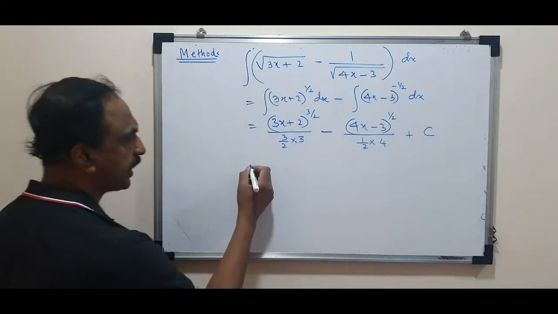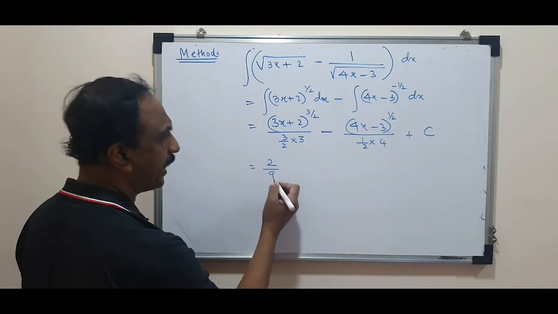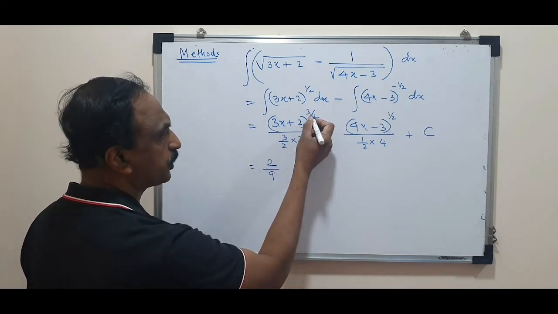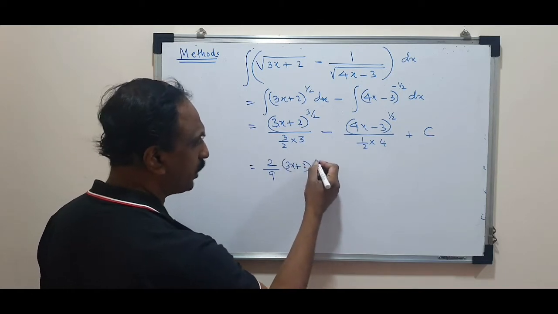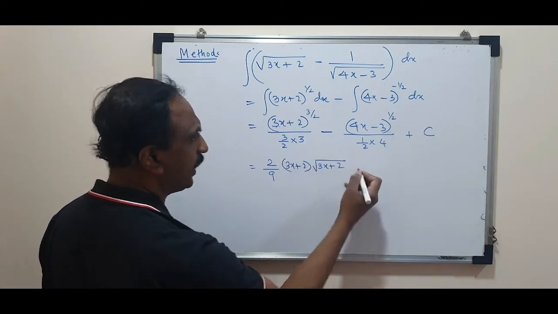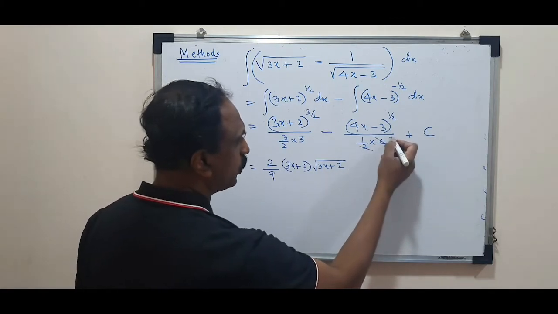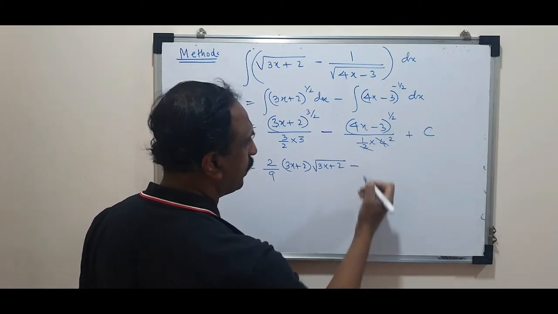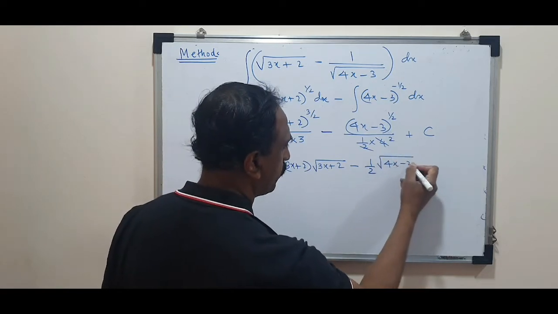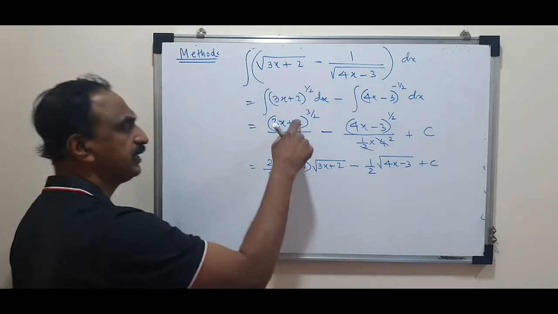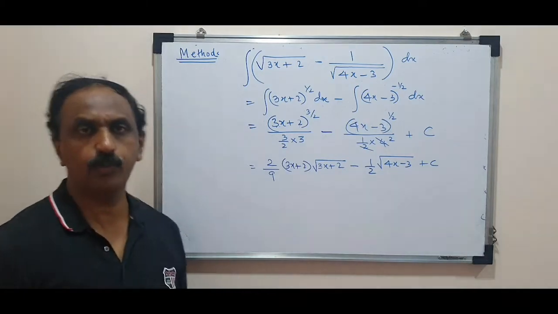You can simplify this as 2 by 9, (3x plus 2) raised to 3 by 2. Then this 2 and this 2 will get cancelled. So I can write minus half root of 4x minus 3, plus c. Even if you write it in this manner, (3x plus 2) raised to 3 by 2, no problem.